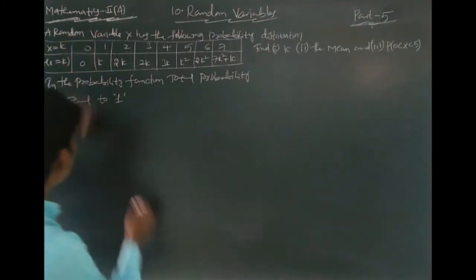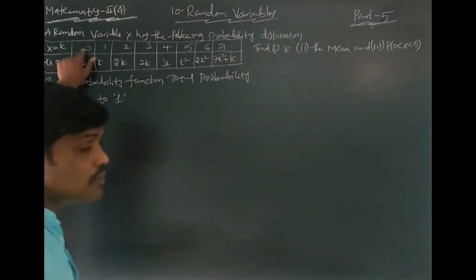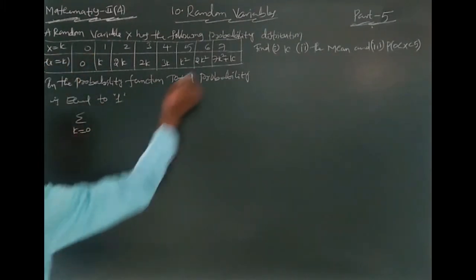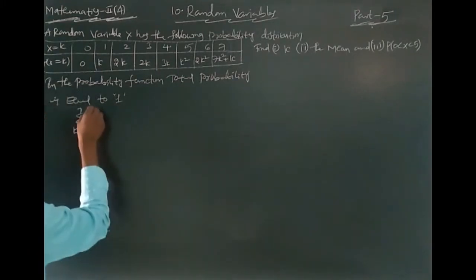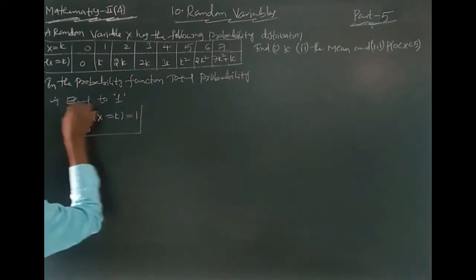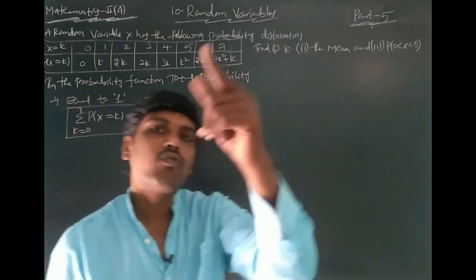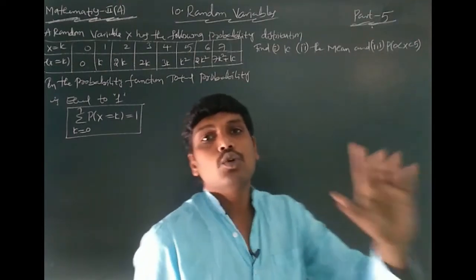That's why you can write the summation of k, what is the first value? 0, from 0 to 7. The sum of the probabilities, that is P of x equal to k, is equal to 1. This is the condition. If you write this point, you get 1 mark. Okay, friends, if you do not write this point, you lose 1 mark.